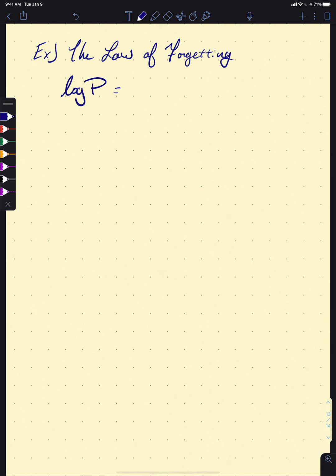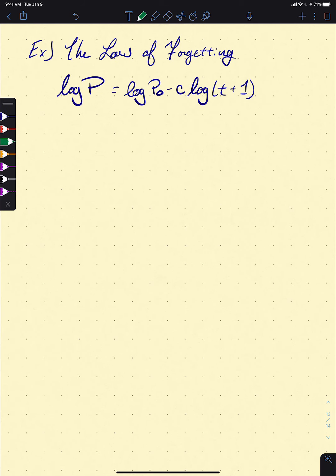Log P equals log P naught minus C times the log of T plus 1, right? Where P naught is sort of like your initial score, like how well you learned something, right?